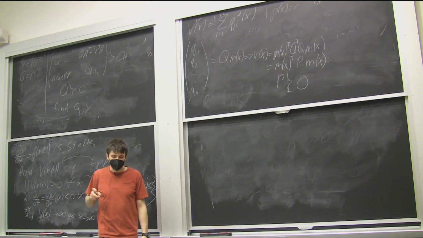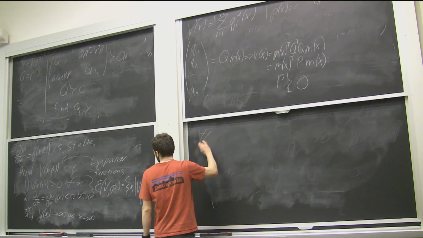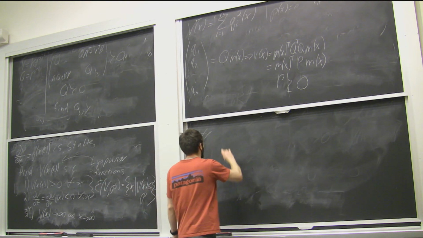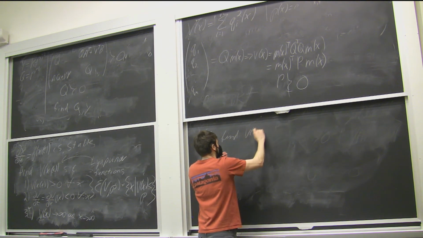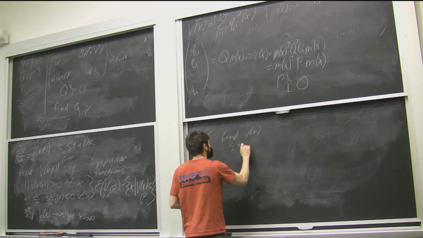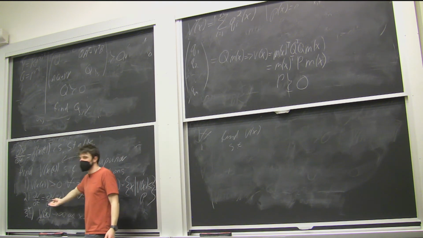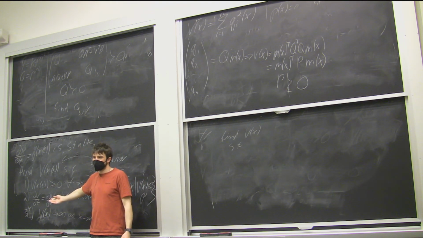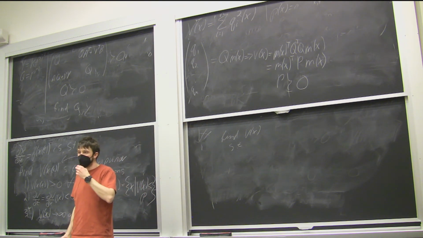So if I was looking to satisfy this condition for all x, I'd really be looking to find v of x such that this condition holds and this condition holds, which I just showed you can be written down as semidefinite programs, right?